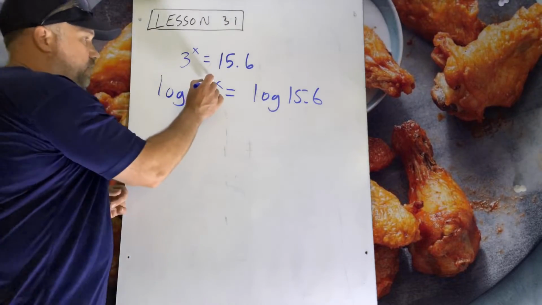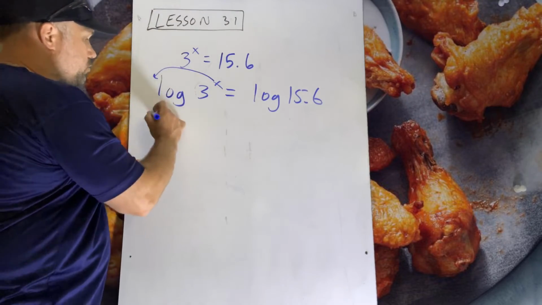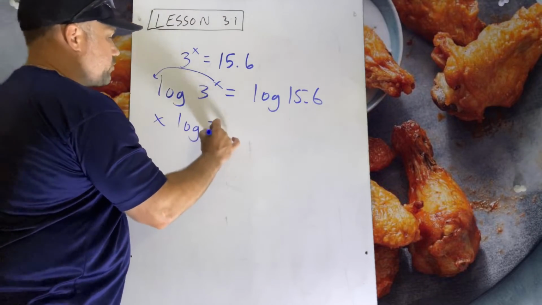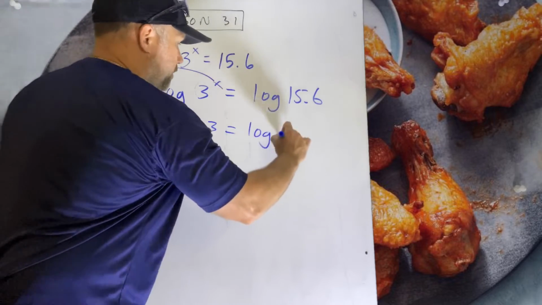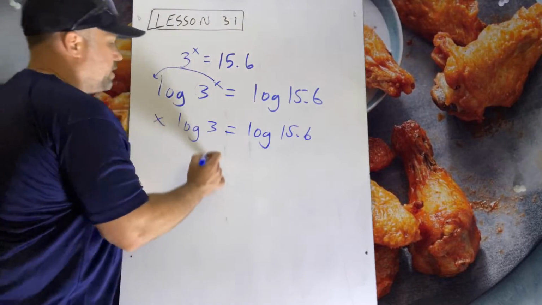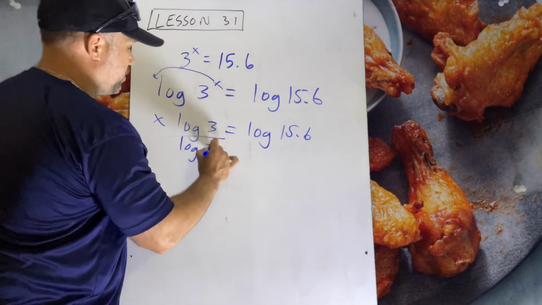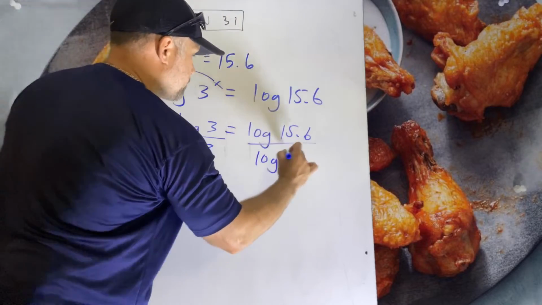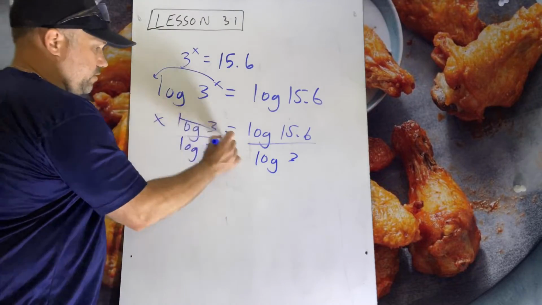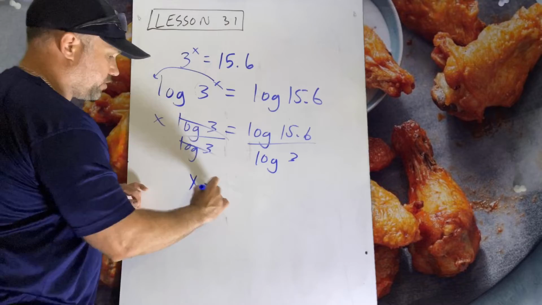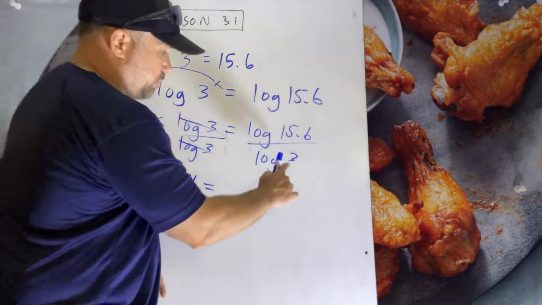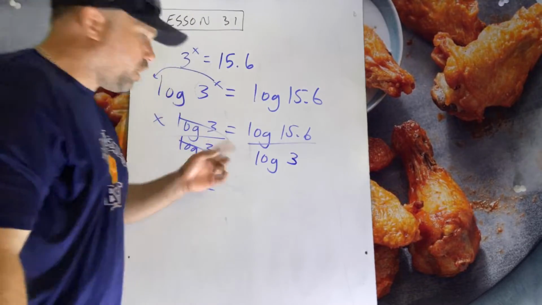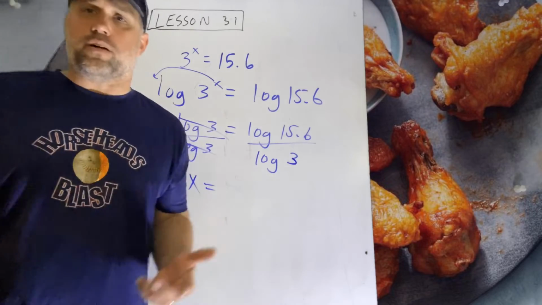The x can move to the front because of the power rule. So I have x log 3 equals log 15.6. Divide both sides by log 3. That's going to get those to go away, reduce out. So my answer is going to be whatever log 15.6 divided by log 3 is.